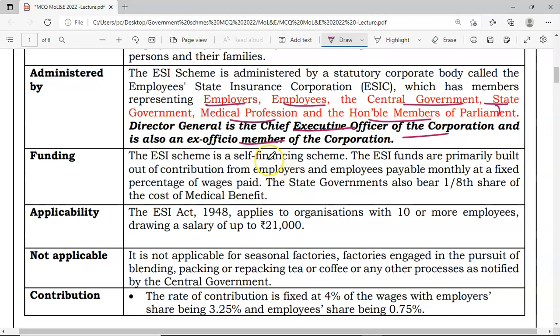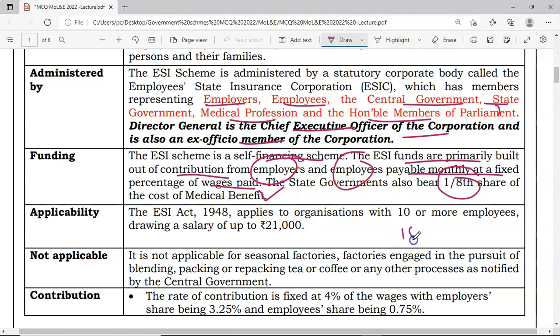Funding: the ESI scheme is a self-financing scheme. The ESI funds are primarily built out of contributions from the employer and employee, payable monthly at a fixed percentage of wages paid. The state government also bears a 1/8 share of the total cost of the medical benefit.